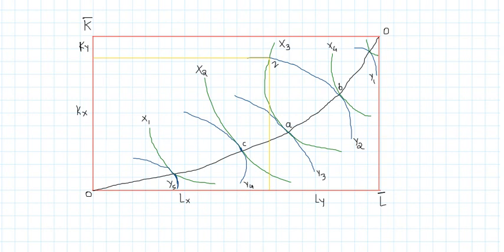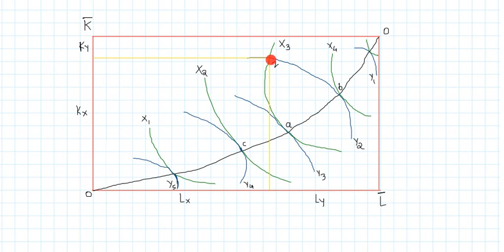Now let me tell you that this point that we had been discussing, point Z, actually is a point of inefficient production, because a reallocation of capital and labor between the two commodities X and Y, say from Z to A or Z to B, would actually lead to greater production of any one or both the commodities. So that's why this point Z is not an efficient allocation.